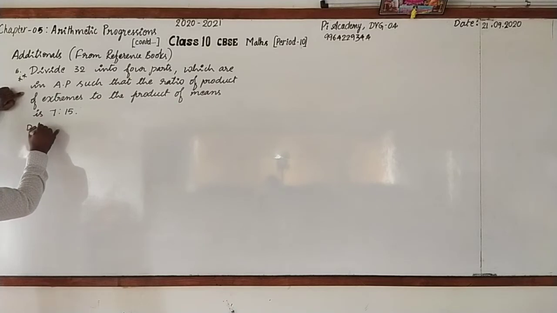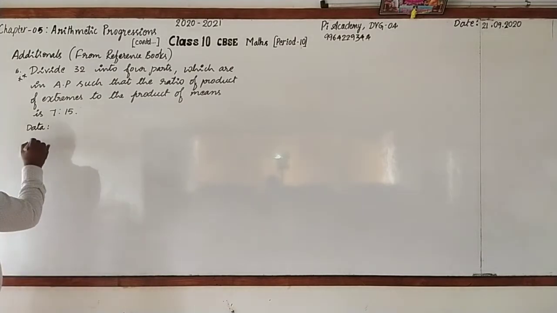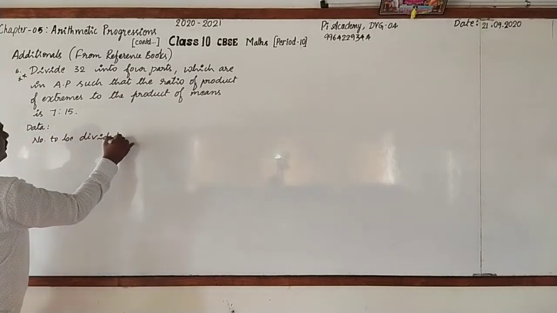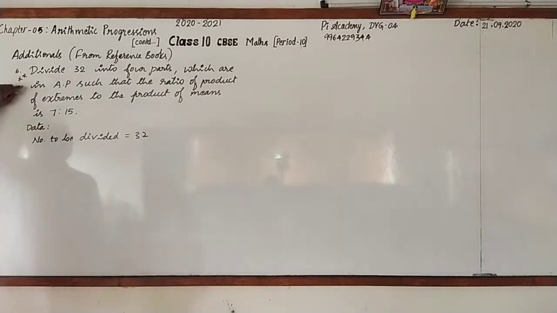Start writing with me. Divide 32 into 4 parts. What is the number to be divided? It is 32. How many parts? 4 parts, and these parts are in AP.